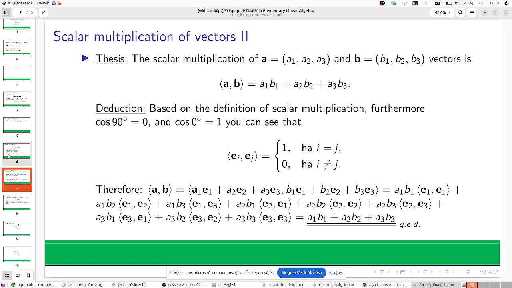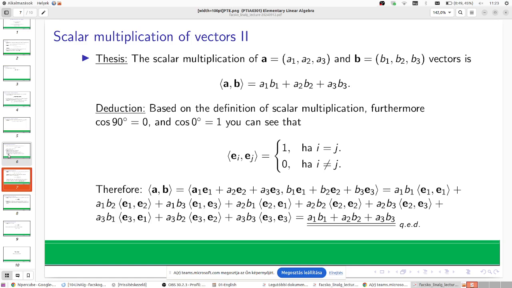I wrote it down, and these A1, 1 are the same, so the cosine will be 1. These are perpendicular. These are perpendicular. This is not. This is 0, 0, 0.